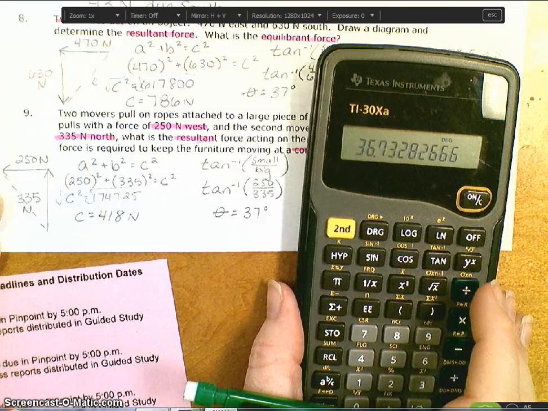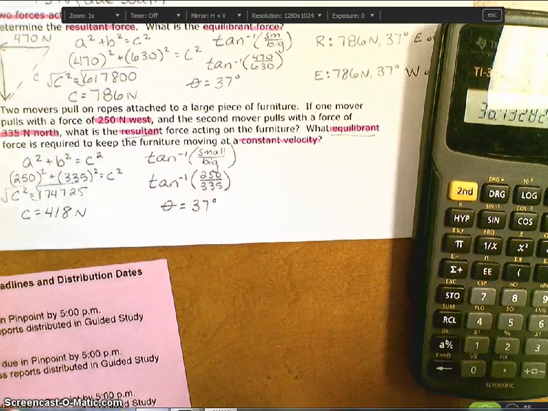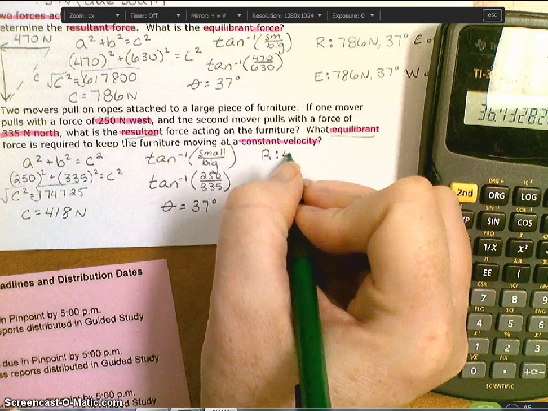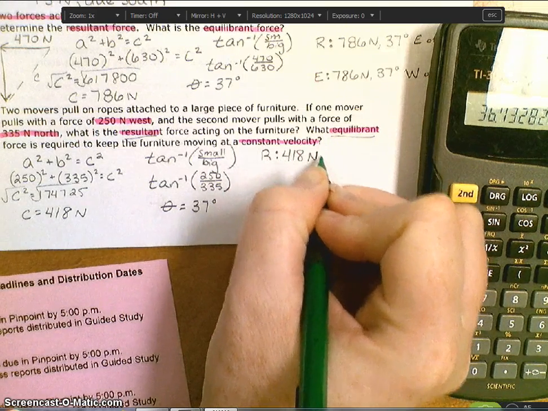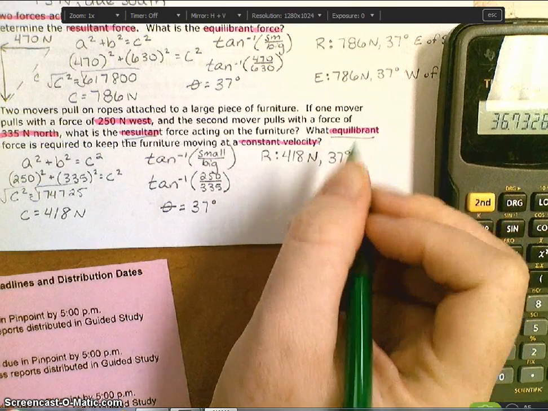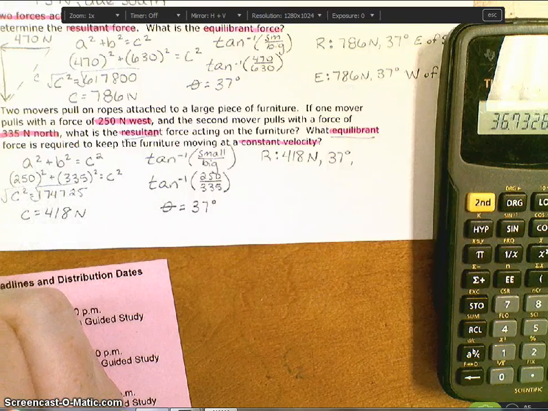Coincidentally, I get the same angle that I had before, 37 degrees. I put this together, my resultant, my directions, small of big.